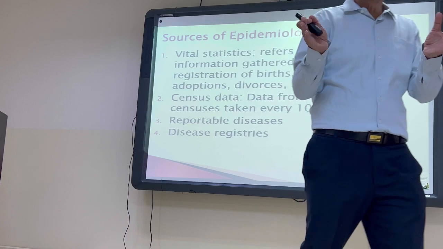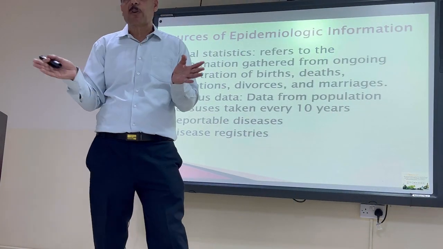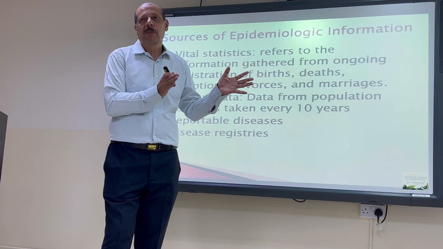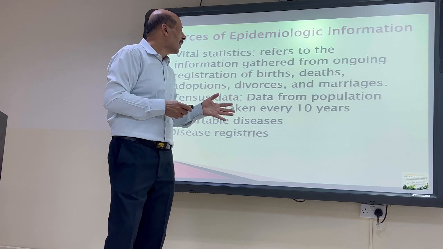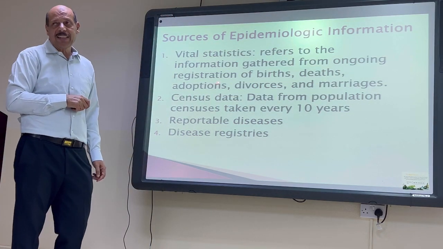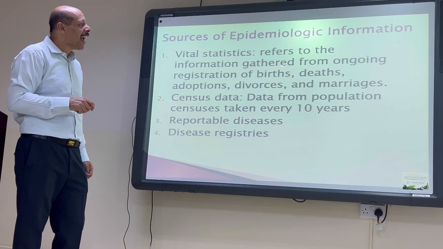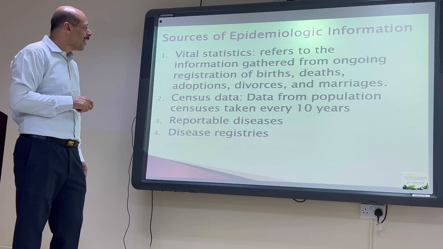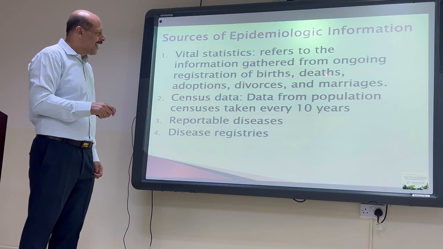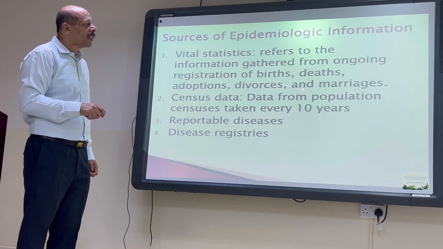For epidemiology, we said that it is the study of the disease process. Because of that, we have to have information. We have to have statistics. So there are vital statistics, which refer to the information gathered from ongoing registration of birth, death, adoption, divorce, and marriage.